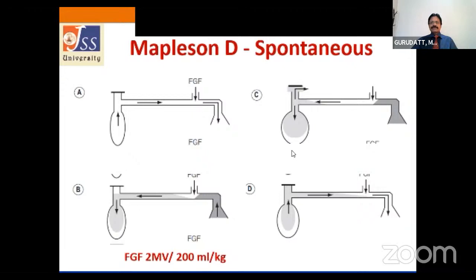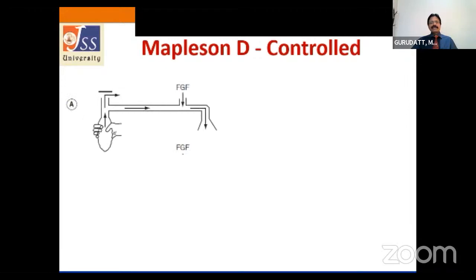Let us see what happens in controlled ventilation and how it is more efficient. One thing I want to tell you: during controlled ventilation, you have total control over the expiratory phase, the expiratory pause, and also the tidal volume. Here we keep the valve semi-closed or half-closed. When we squeeze the bag for the initial breath, all the fresh gas flow will go to the patient and some will also move out of the expiratory valve.